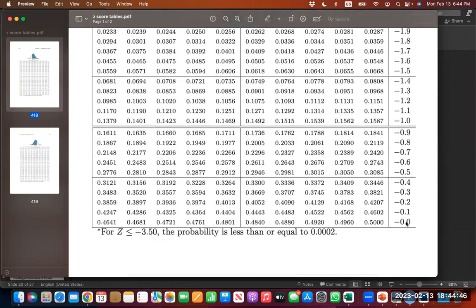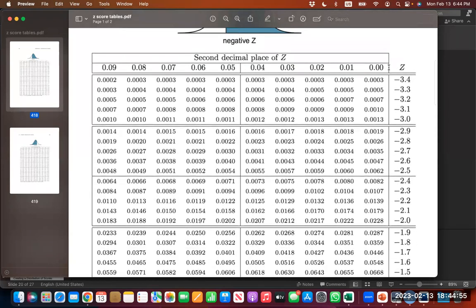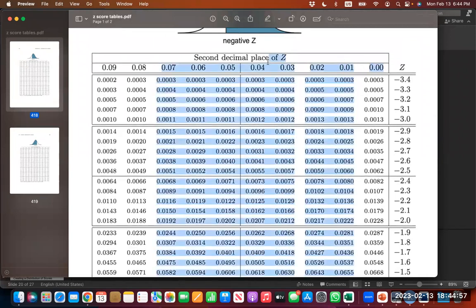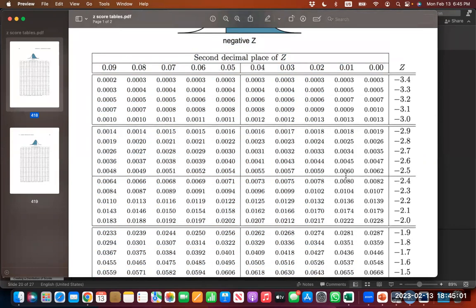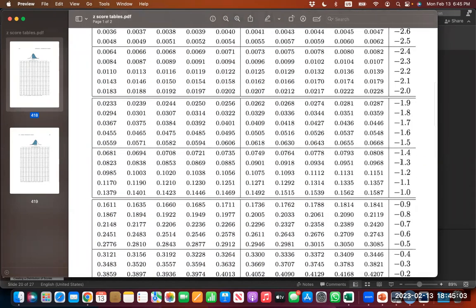You have the Z score's first decimal here on the side as a row, and the second decimal shown here as a column. So if you're looking for, let's say, -1.35, you go -1.30, -1.31, 2, 3, 4, 5. So this is -1.35. That's how you would read that.